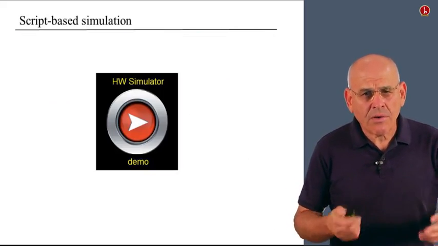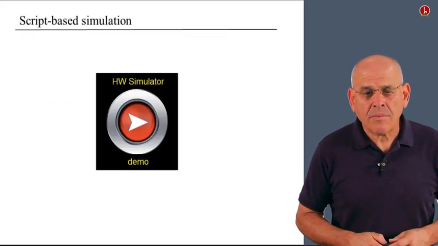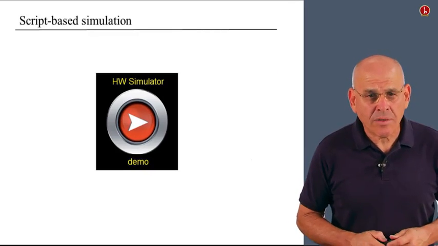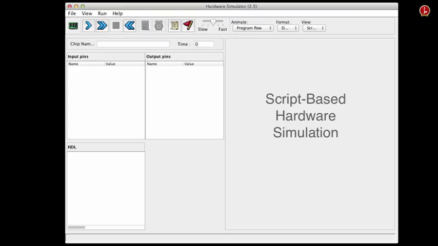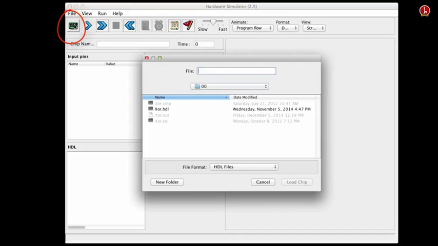And here is also a demo of the same thing with an actual hardware simulation session. We will now show how to use the hardware simulator in order to test an HDL program using a test script. The first thing we can do is load the HDL program into the simulator.